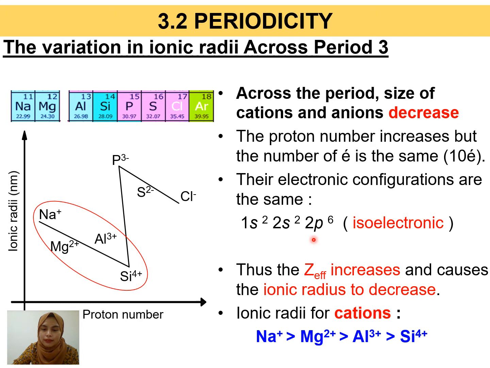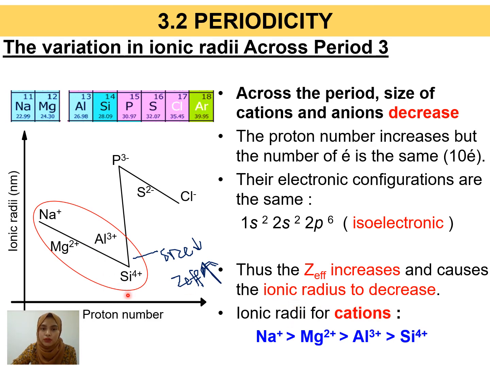First of all, let's talk about what happens to the cations. This is a general statement. Although the proton number increases, ZF increases, right? So why does the cation size decrease? The size decreases because ZF increases. The cation size decreases because the effective nuclear charge increases, and therefore the ionic radius decreases.